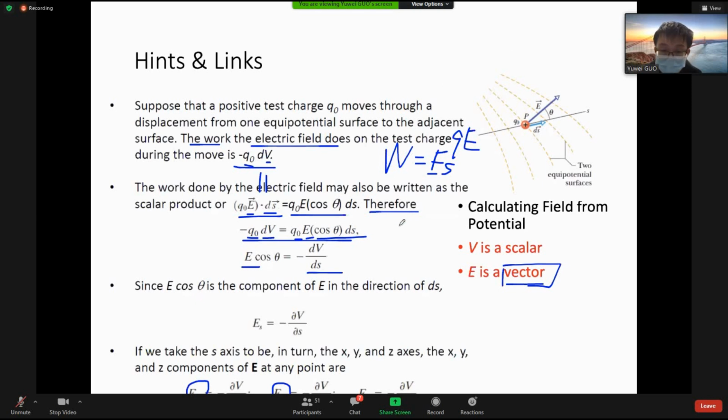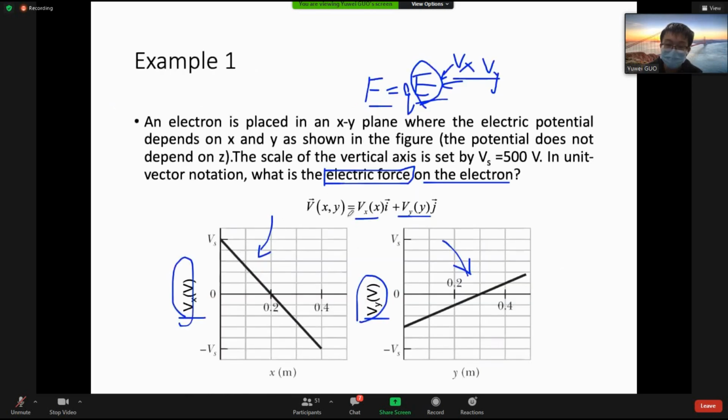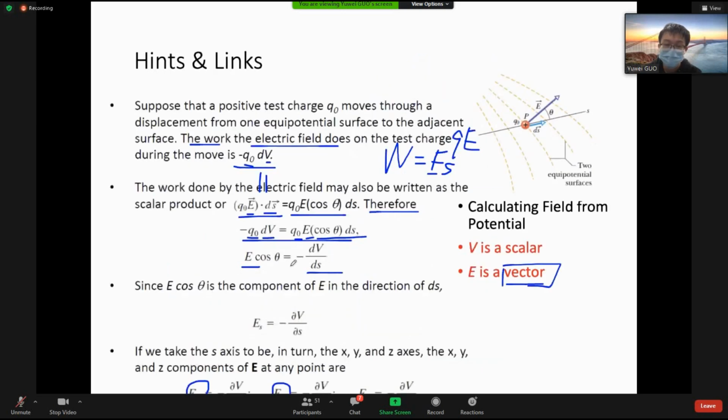So E is the slope of the graph. Yes, because this is a potential, right? And through this equation, we have got that Ex can be calculated by the differential of the potential with X and Y. So they have the relationship.